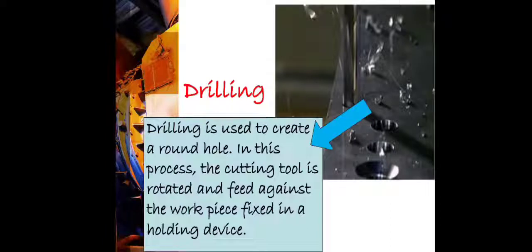At this time, the workpiece is stable and would not move. Rather, the drilling machine rotates in order for the metal to be cut and have a hole. That is the function of drilling: to create a round hole.